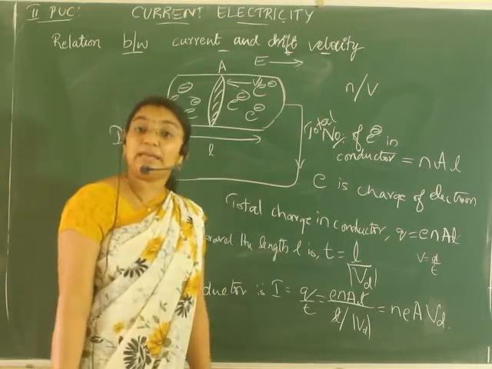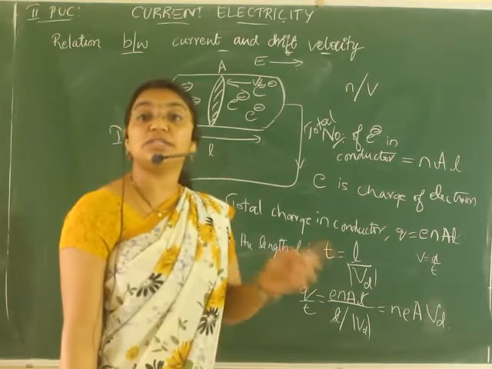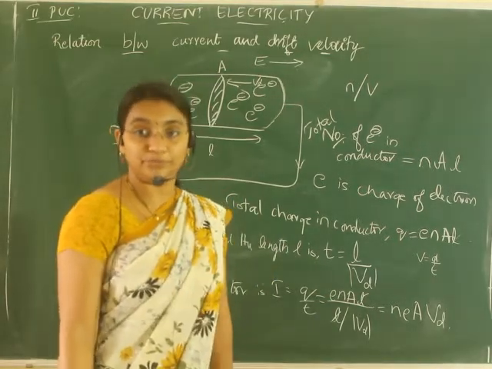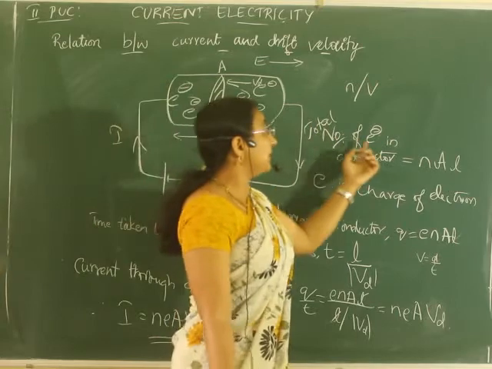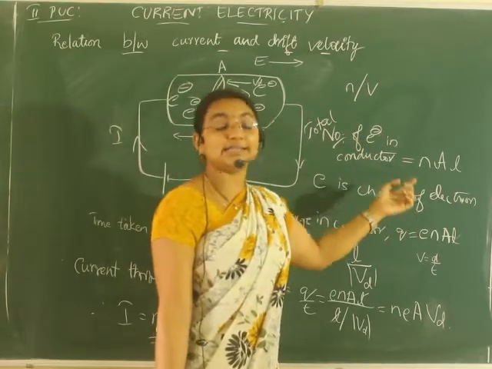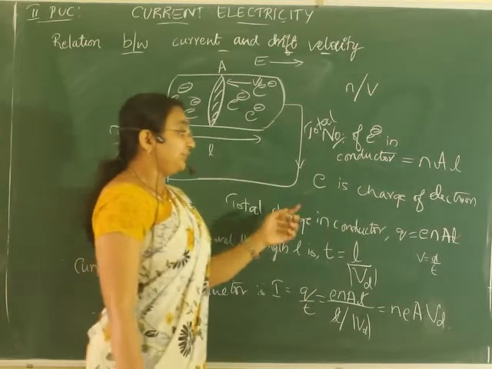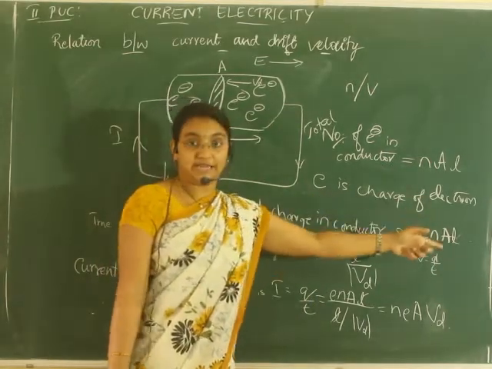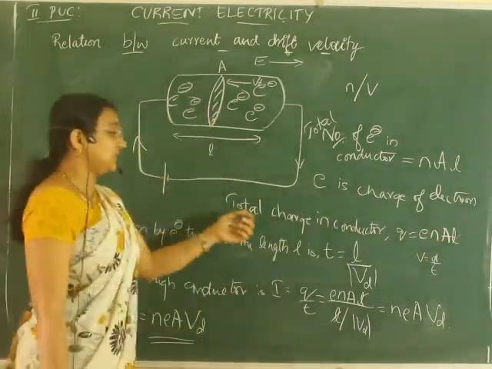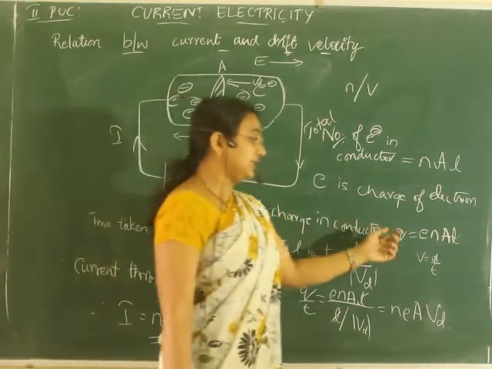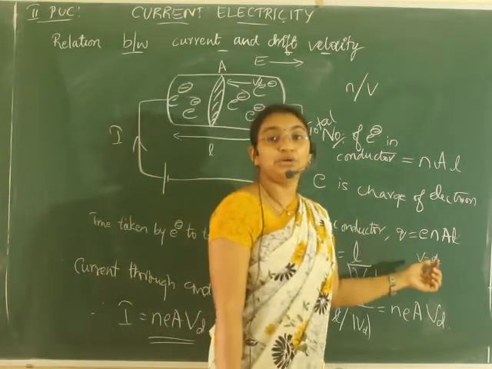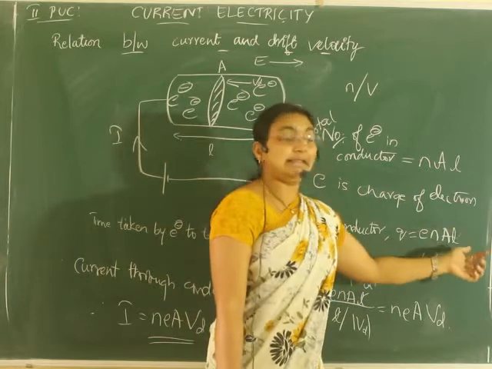Let n be the number of electrons per unit volume. Then the total number of electrons in the conductor is n into A into L. If e is the charge of the electron, then the total charge in the conductor is Q is equal to enAL.